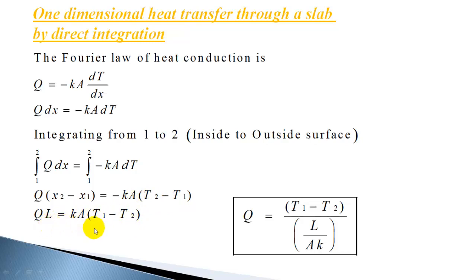So QL is KA into (T1 minus T2), or Q is equal to (T1 minus T2) divided by L by AK. So you can rearrange this into this form. Q is equal to (T1 minus T2) divided by L by AK. Once again we are getting the same equation. We are not getting the temperature variation here, we are only getting the heat transfer. This is an alternate method to find out the heat conduction through slab.